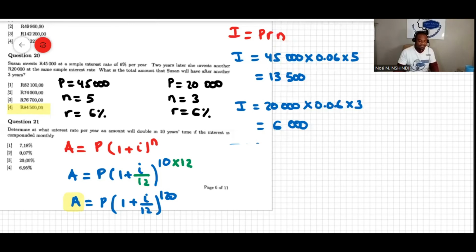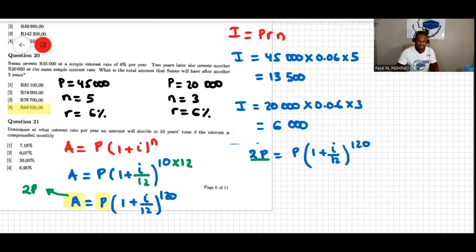The amount is P, that will double, so A equals 2P, because P will double and becomes 2P. So now this becomes 2P equals P open brackets 1 plus i over 12 to the power of 120. To calculate this, we can divide both sides by P.